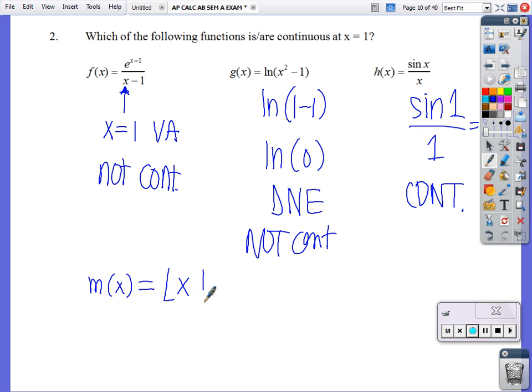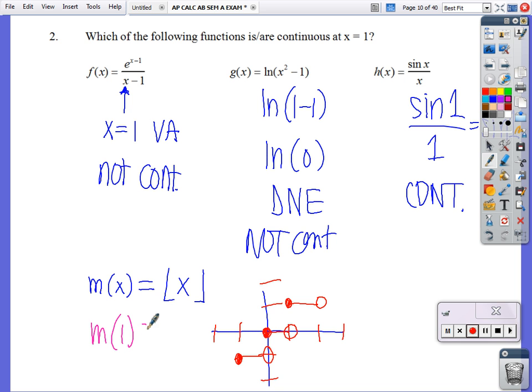So the greatest integer function, we haven't touched that probably since chapter 2. And that's the function that looks like the step function, closed circle, open circle, closed circle, open circle. All right, so if you look at the function, you can tell it's not continuous at 1, but if I find m of 1, oh sorry, that's supposed to be a 1, the value is actually 1.